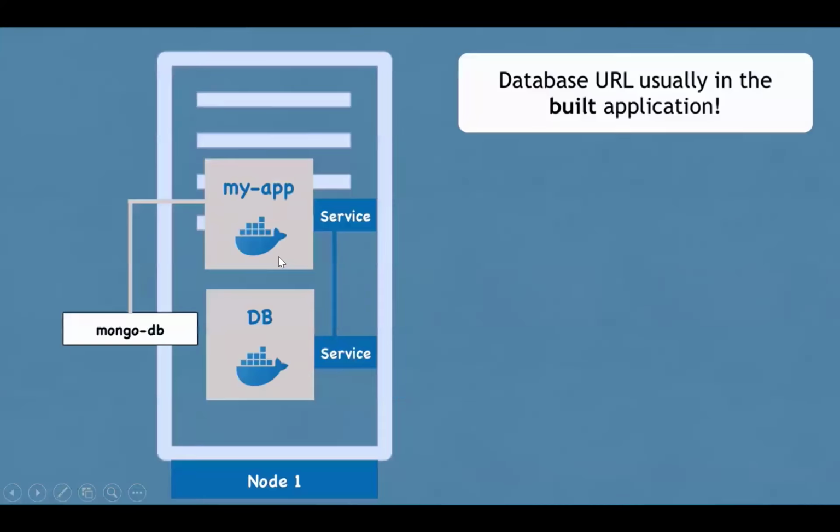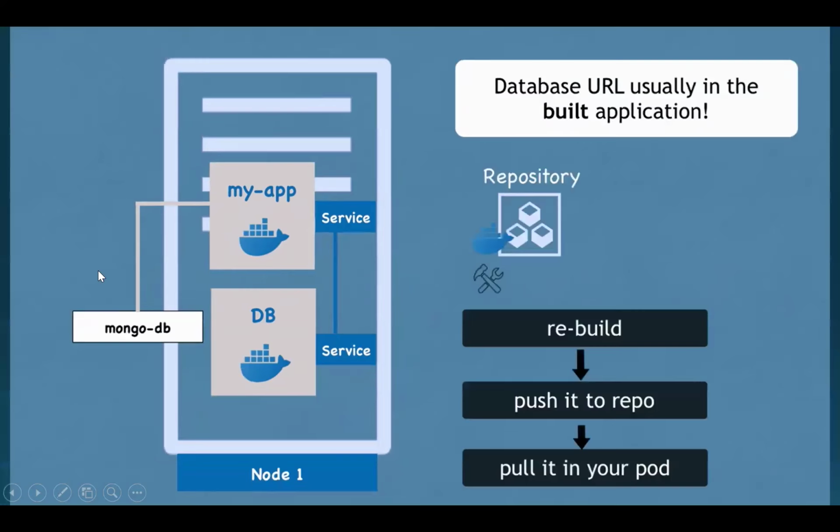Now in future you go and change my MongoDB service to only MongoDB, like this. You changed something in that one. So what do you have to do after that? You have to rebuild your project again, push this change into the repository, pull it in your pod, then only it will be visible and available to the customer.